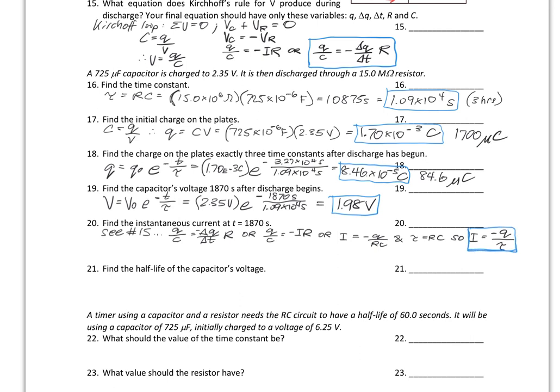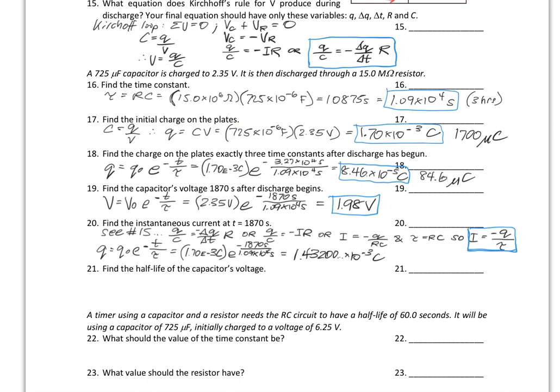So we're going to use that, but first we need to find the charge at 1870 seconds. Now you might be tempted to say the current is equal to the initial current times e to the negative t over tau, except the initial current, when we first began, we don't actually know, so we can't use that equation.